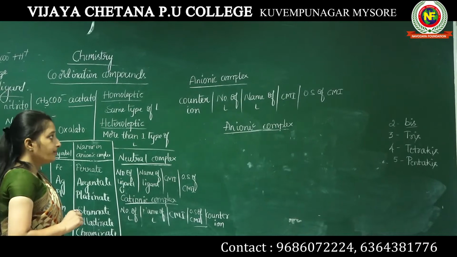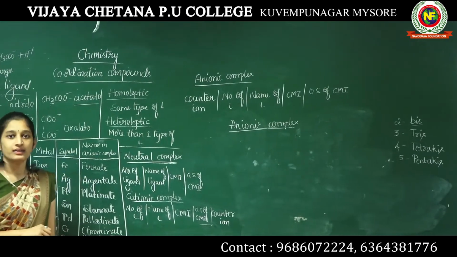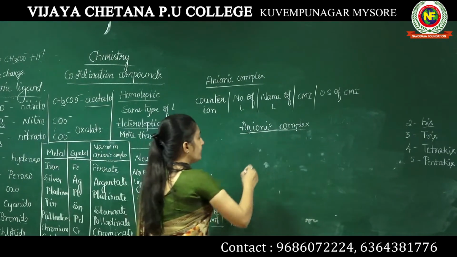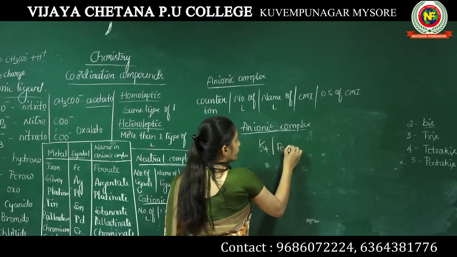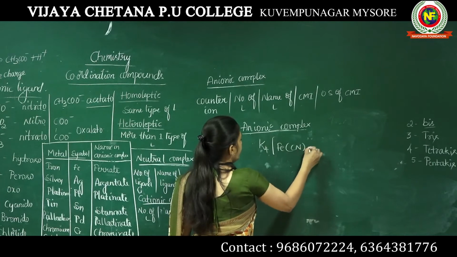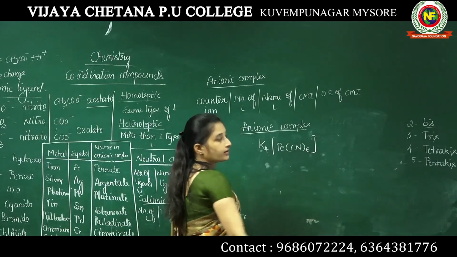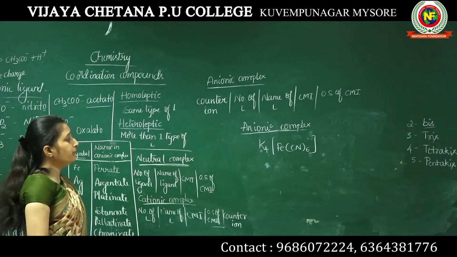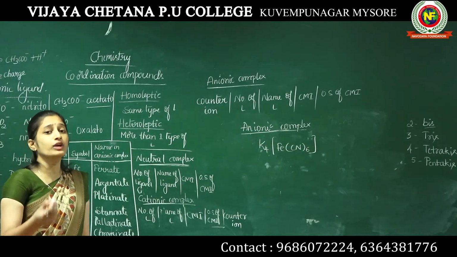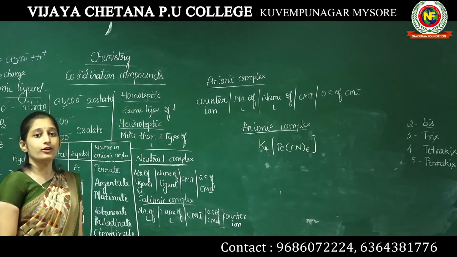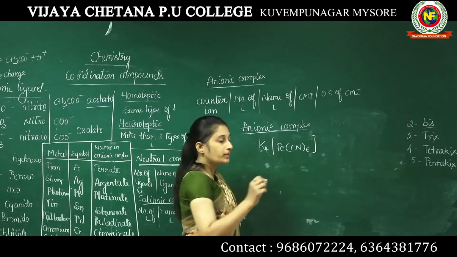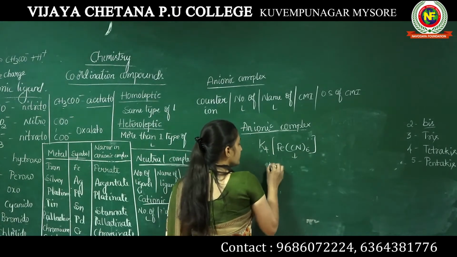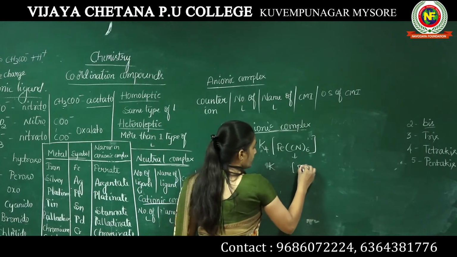Now next, the anionic complex. I will take one example: K4[Fe(CN)6]. This is an example for an anionic complex. How do you come to know it's an anionic complex? In order to understand that, you should first split this. How to split this?